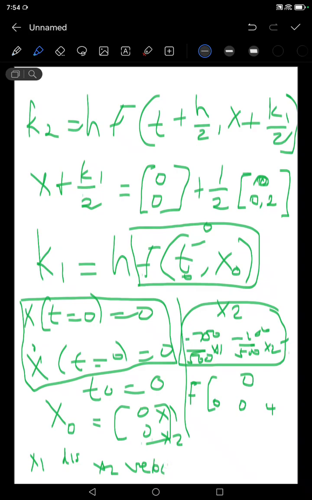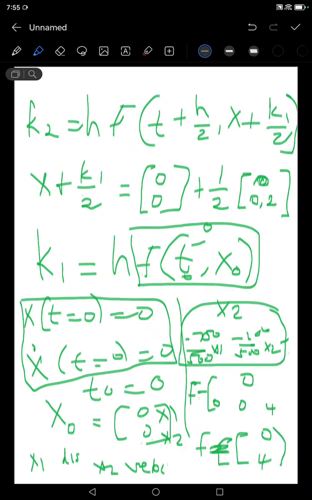Okay, that's why here we're going to write it in a vector form, where we're going to have two values. So from here, after getting the value of f, f is equal to 0, and then here we have three values, so it's going to be 0 plus 4, which is 4.